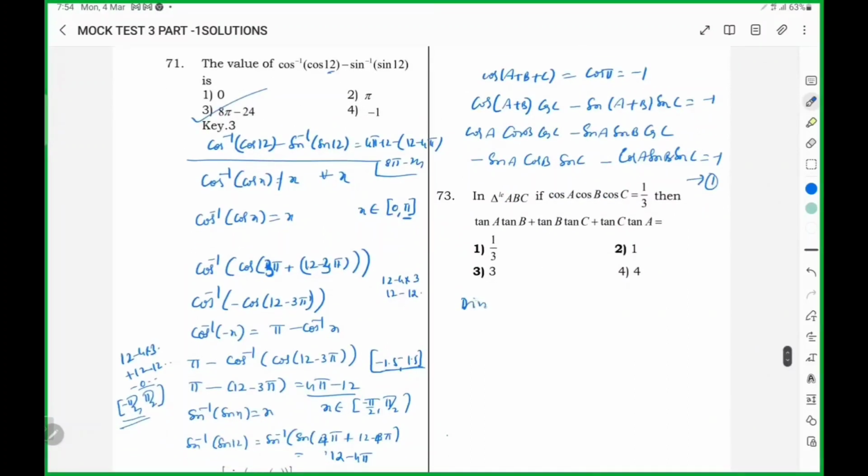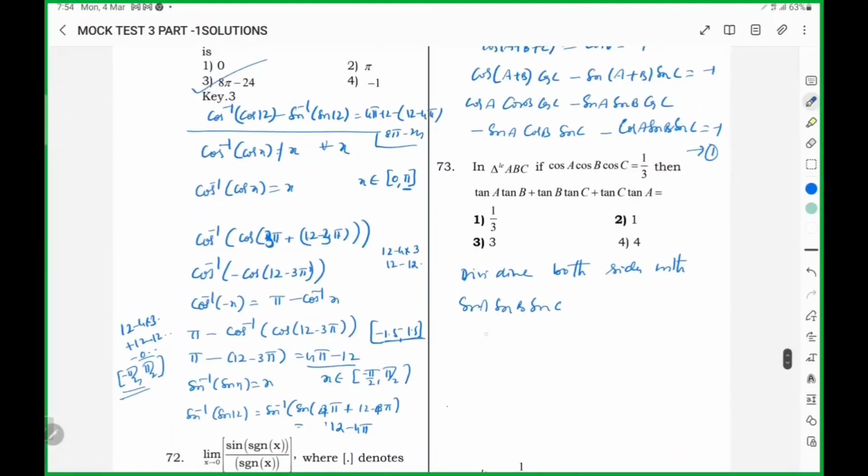So divide both sides with sin a sin b sin c. Then you get cot b cot c minus tan b.